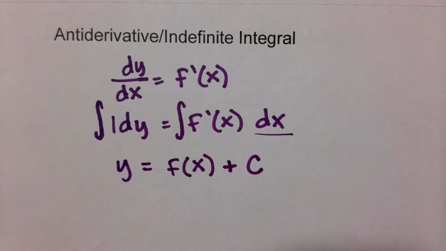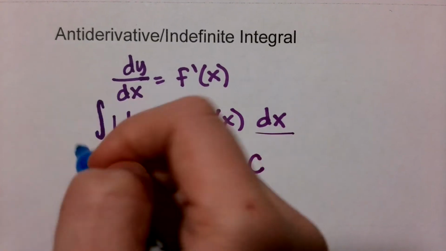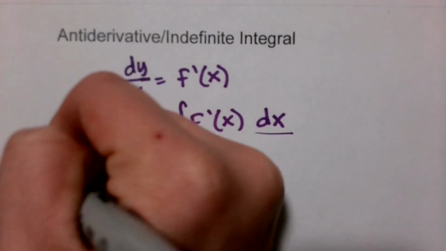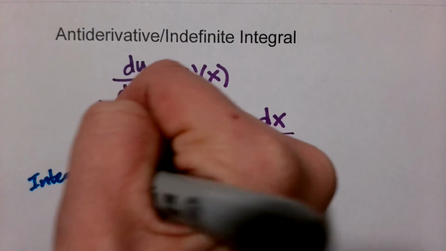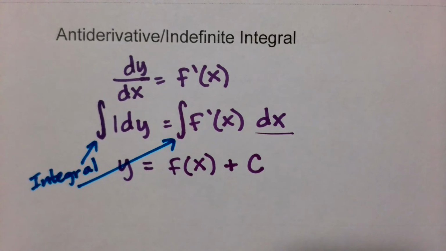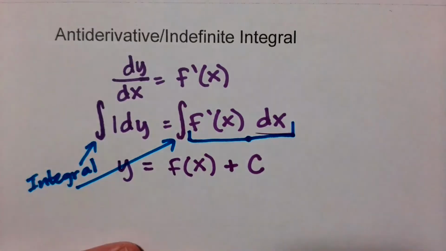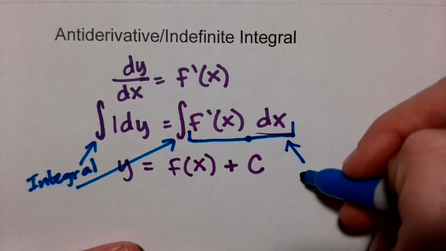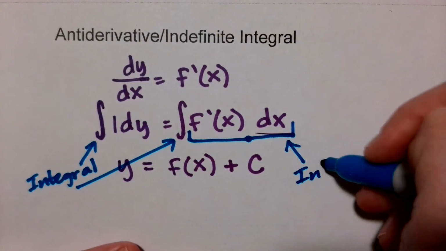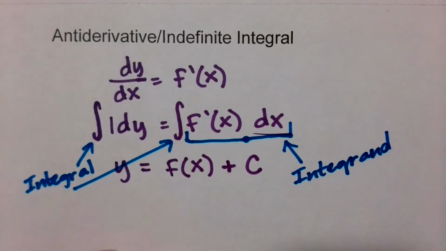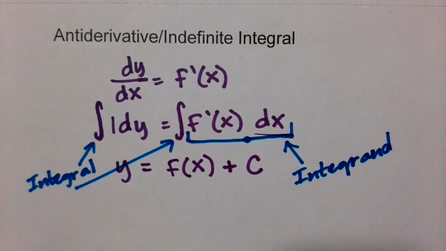Okay, so some things that we've got going on here. This would be us taking an integral. We would call this part, so the part that we are actually taking the integral of, the integrand, which is very similar to whenever you take the square root of something, you have the radical, and then what's underneath it is called the radicand.